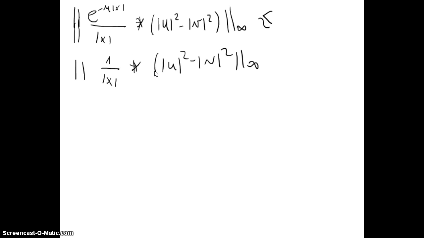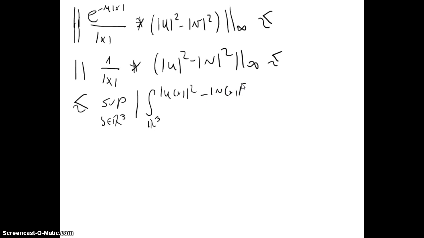Okay, so this is a convolution, so we can bound this by, well, norm infinity, supremum over y in R3 of the absolute value of the integral in R3 of, let's say, ux squared minus bx squared over x minus y dx.